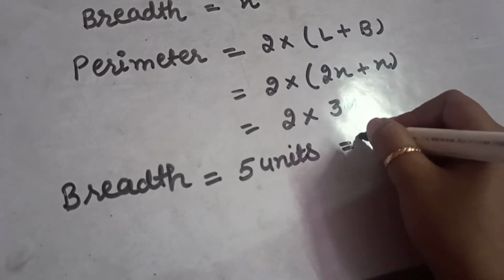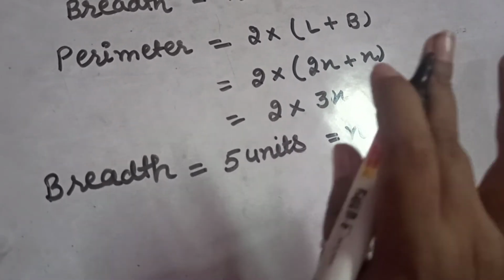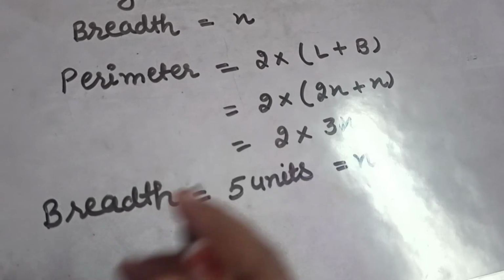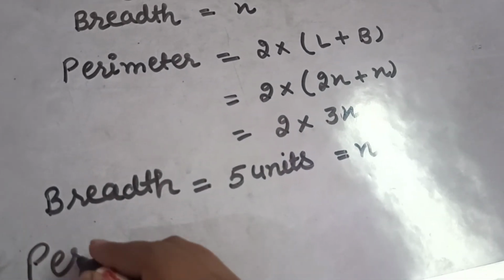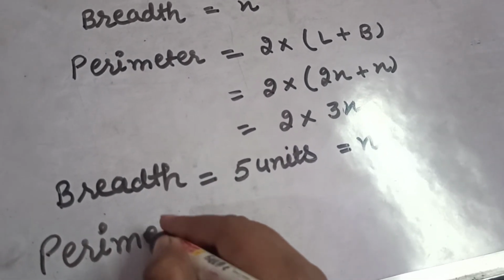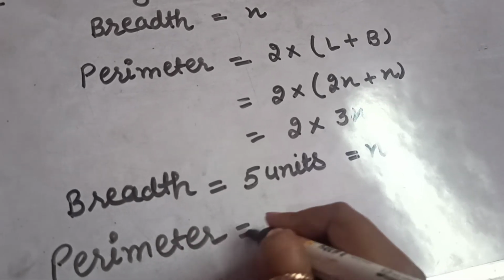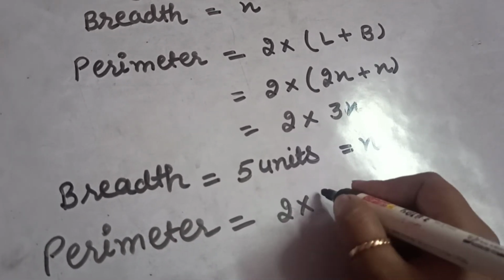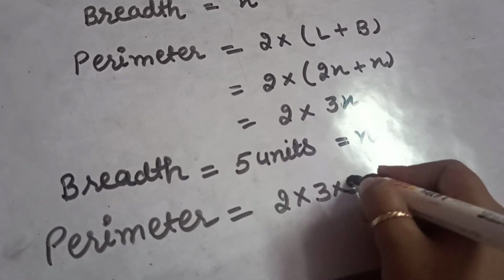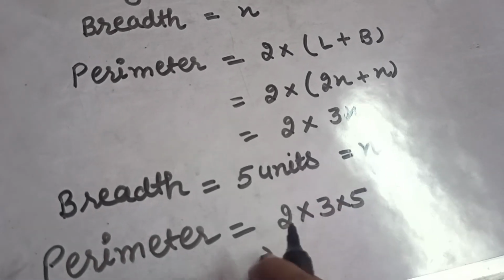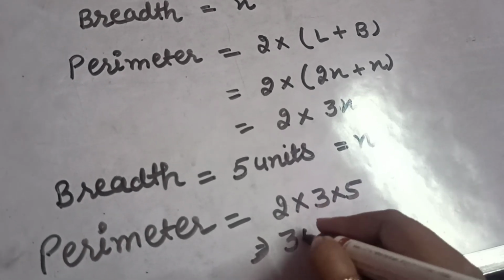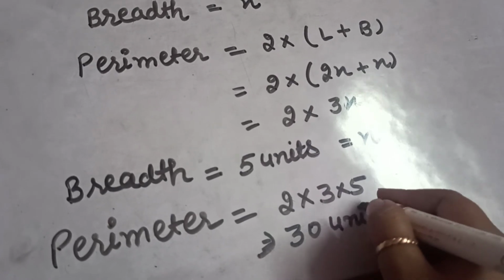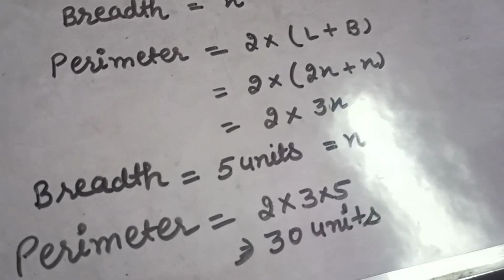And it simply means that x equals 5 units according to this expression. So perimeter is equal to 2 multiply 3 multiply 5. So 2 3s are 6, 6 5s are 30 units. Clear?